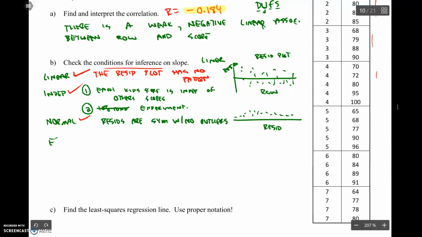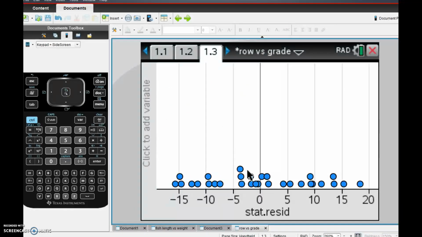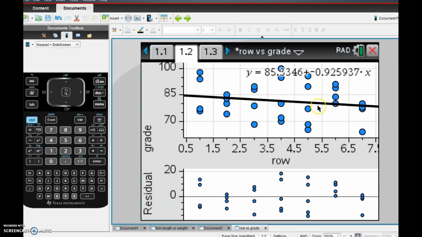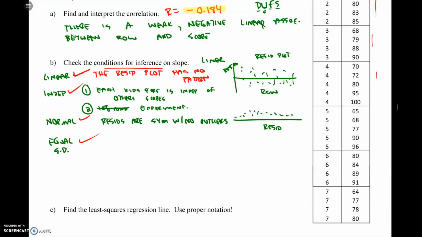E equals standard deviation. So what I'm looking at here is either the original scatter plot. I'm looking to see if these values are approximately equally distributed for all values of row. And I can see it from both the residual plot and, so I'm going to comment on the residual plot here.